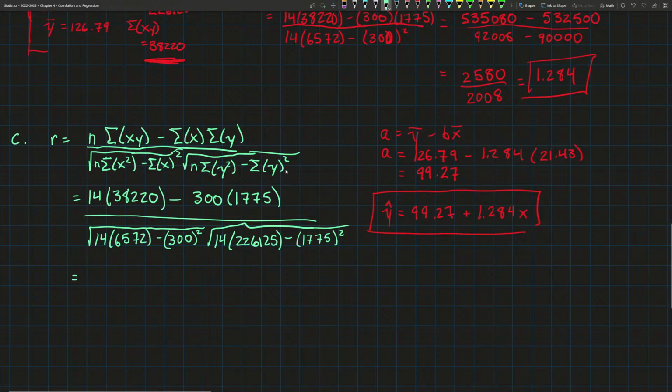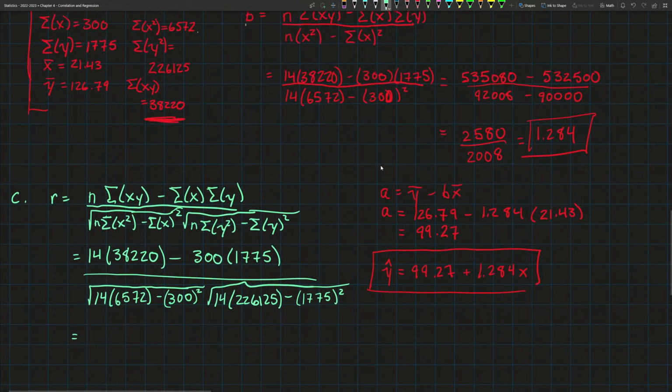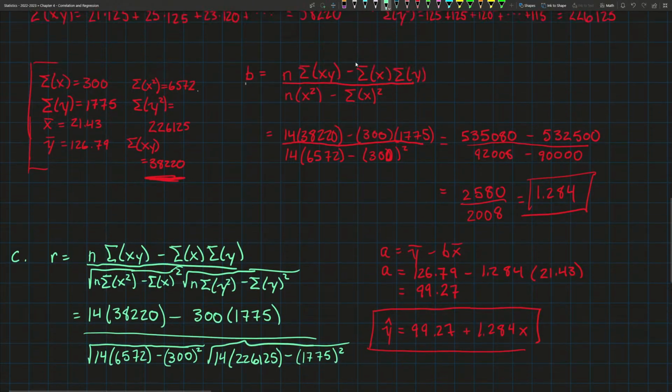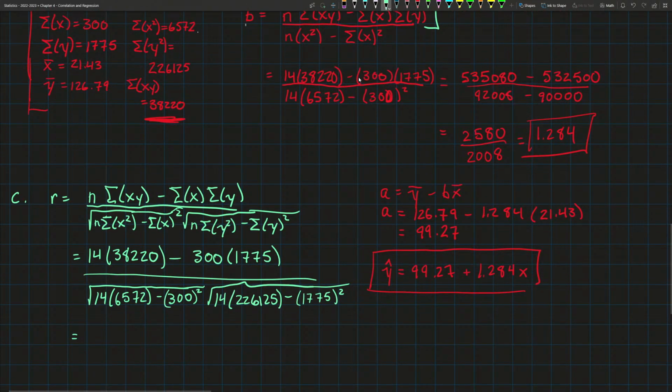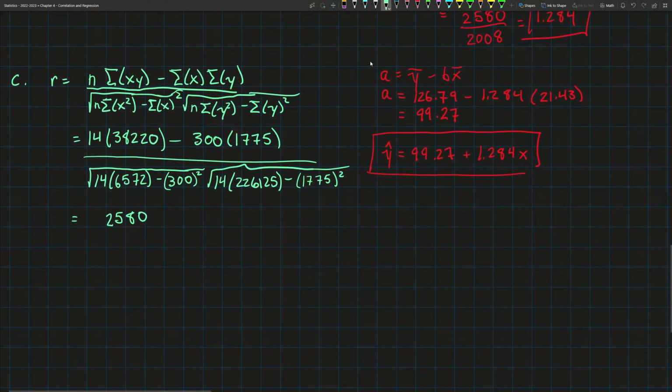So now we just have to do this. Up top, we get the same thing as we did on the right. This is the same numerator, so we're just going to use that. That turns out to be 2580. Then 14 times 6572 minus 300 squared; again, that ends up being the same as up here.